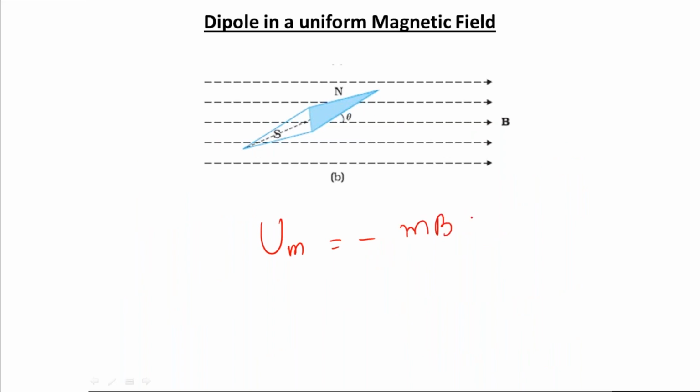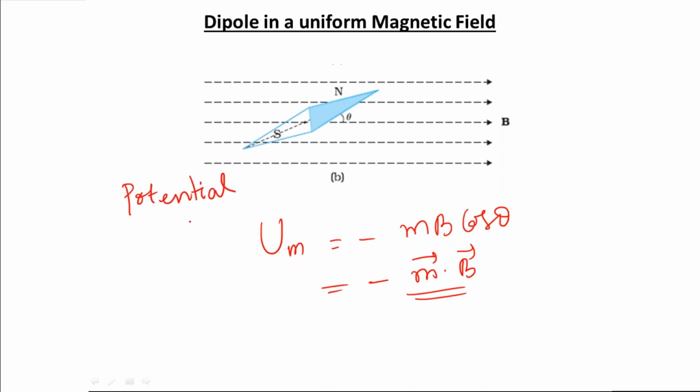So if I want to write it in terms of dot product, I can write U is minus m dot B. And see what does this say? Whenever we talk about potential energy, you have to have a reference point or reference level or reference line. Potential energy is a kind of stored energy.